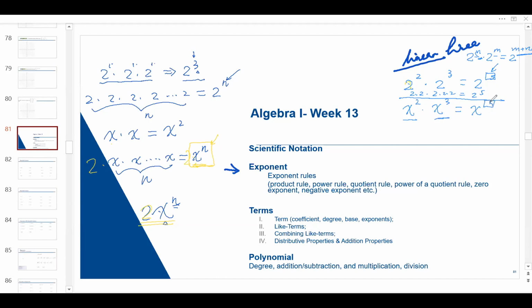Also 5, because here is x times x and here is x times x times x, so the result is x power 5. This 5 also comes from 2 plus 3. So x^n times x^m equals x^(n+m). When they multiply, the exponent becomes the sum of them together. This is called the product rule.